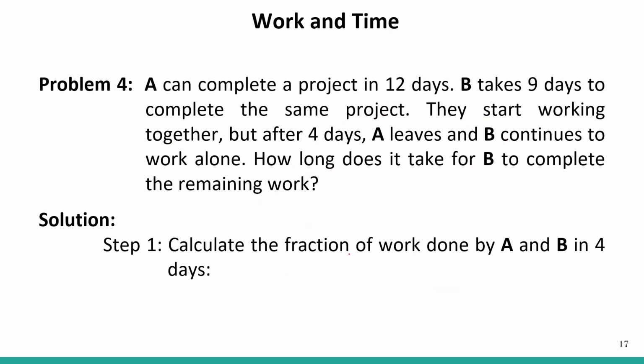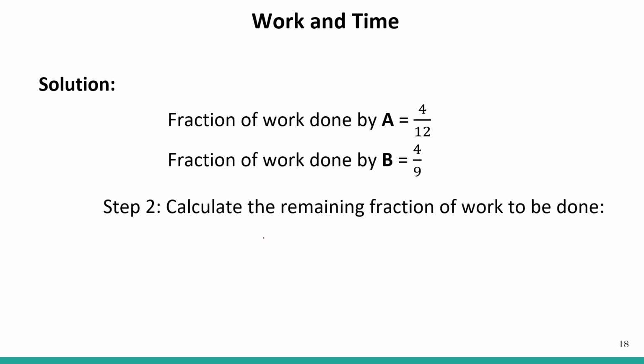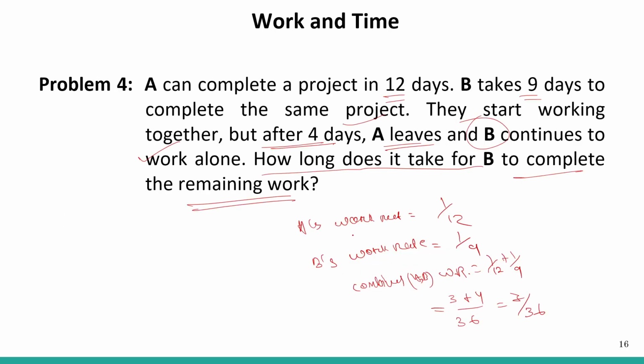So calculating the fraction of work done by A and B: work done by A will be 4 by 12 and work done by B will be 4 by 9. Calculating the remaining fraction of work to be done: we can also multiply 7 by 36 with 4, because in one day they complete this much of the task.